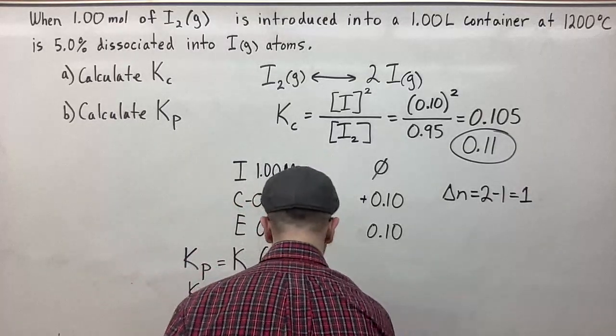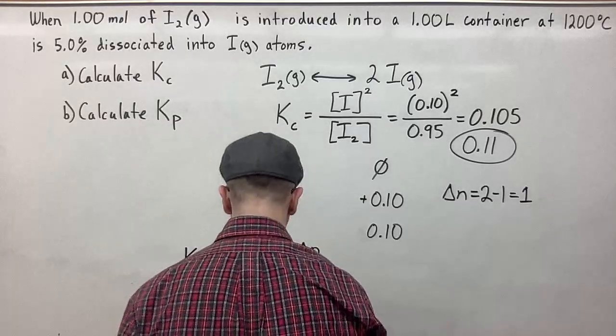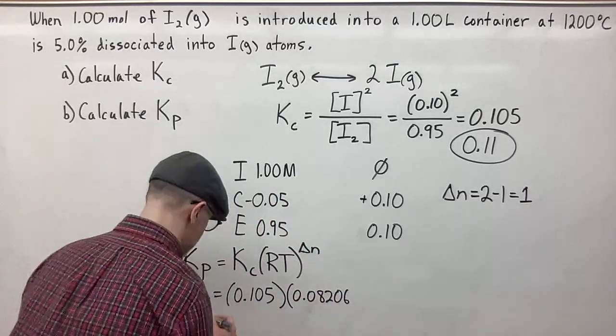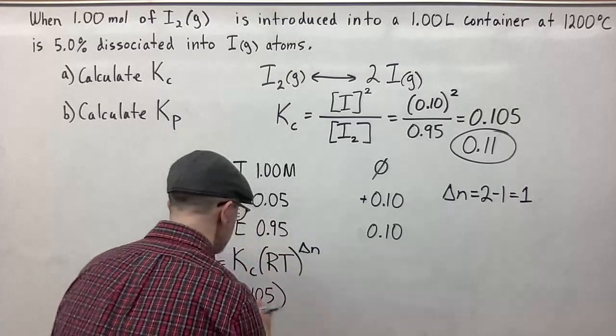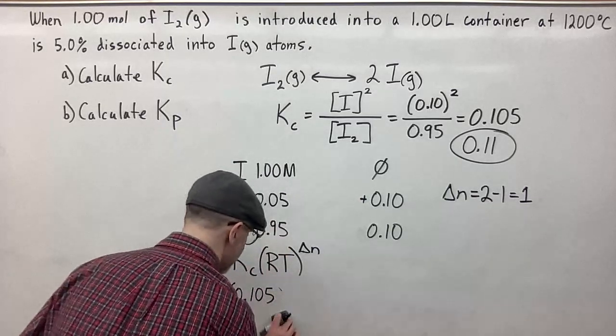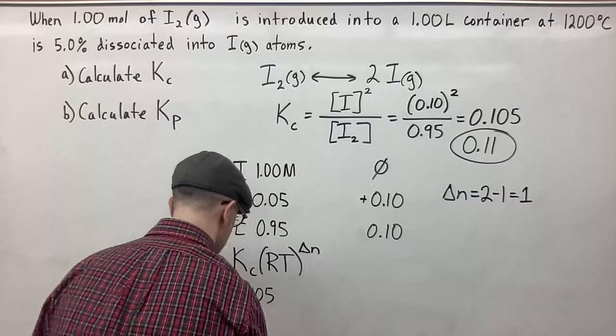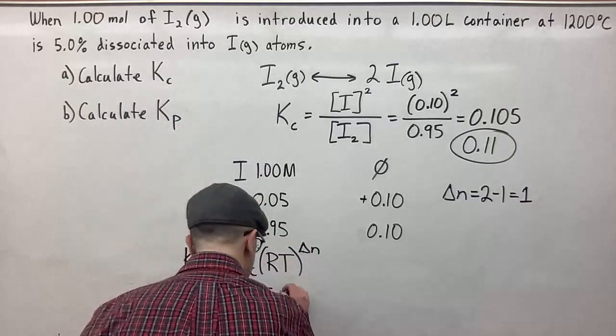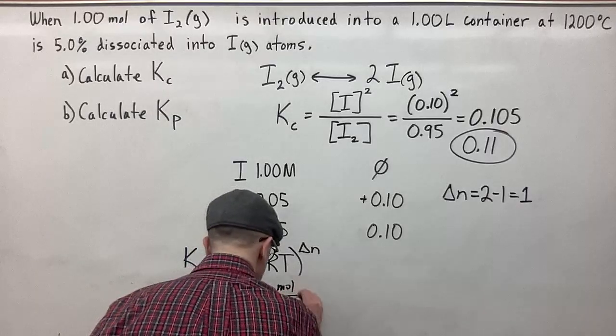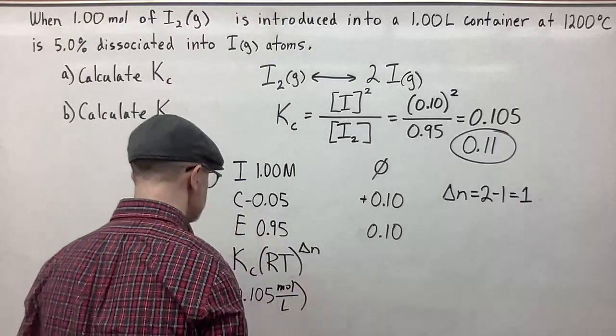Okay, and by the way, I should rewrite this so we have this available. This is, again, in terms of molarity, right? So we're going to have moles over liter.